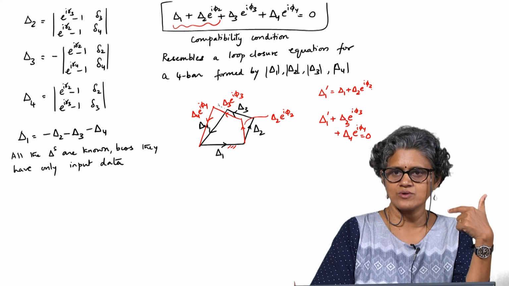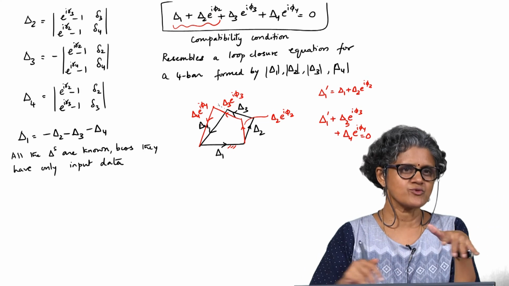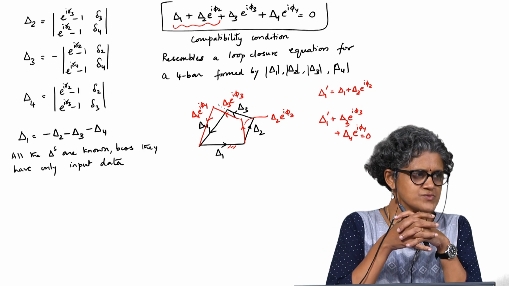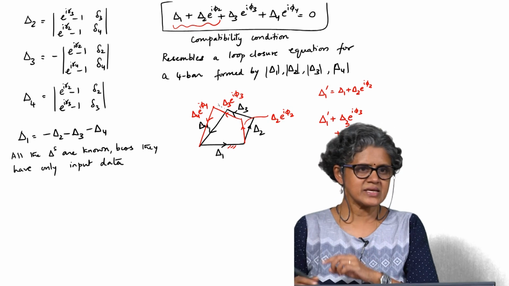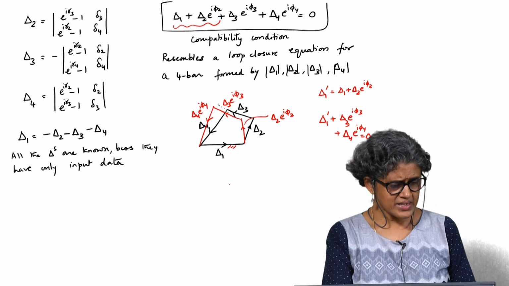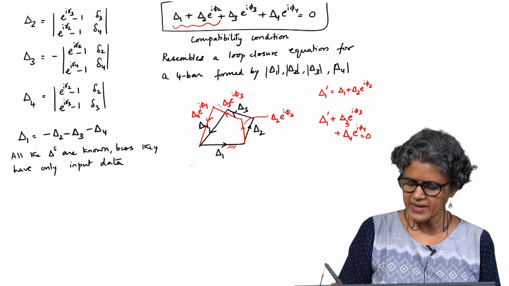That is another way you could do that, but I think it is useful to have this 4 bar position analysis code. It is useful for you to do that. And the circ command makes it really easy to write. So, you solve this compatibility condition, and then for each phi 2 I will get what?